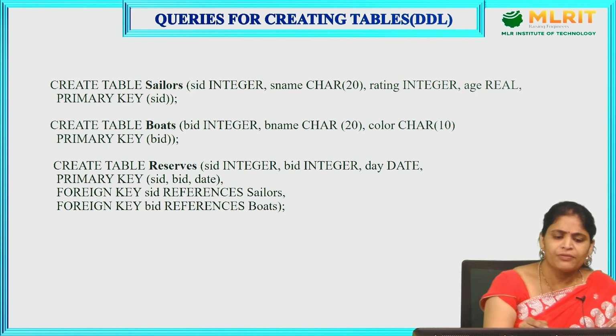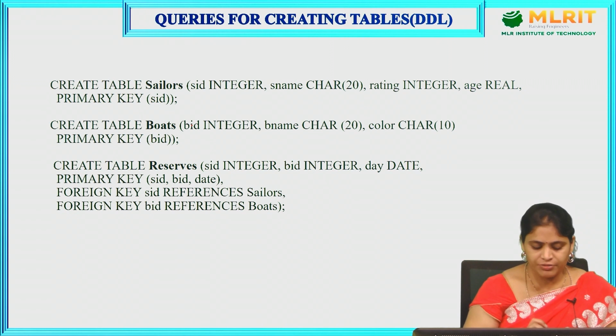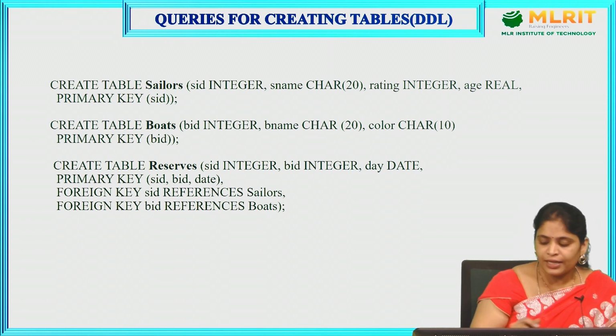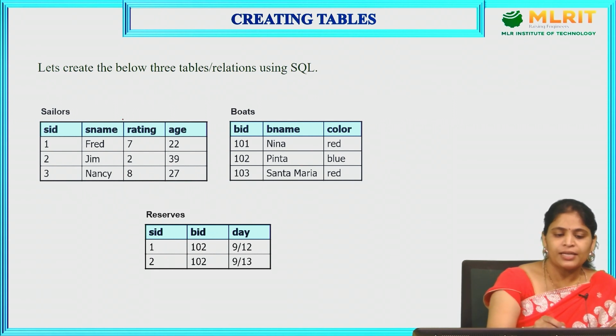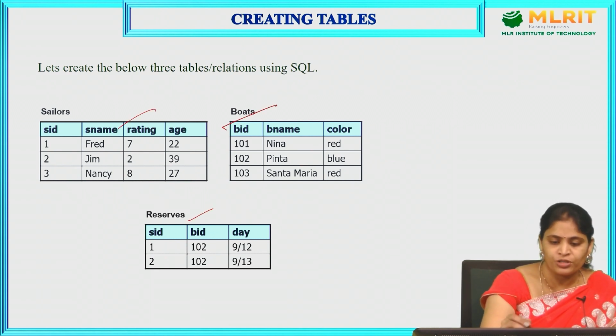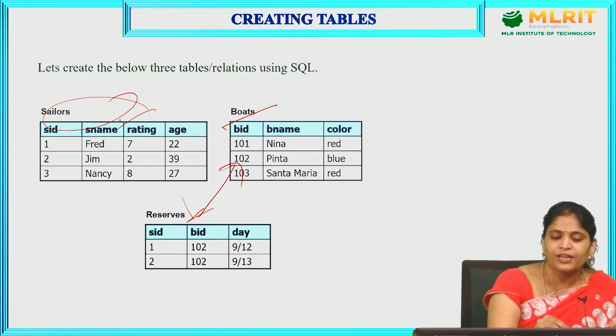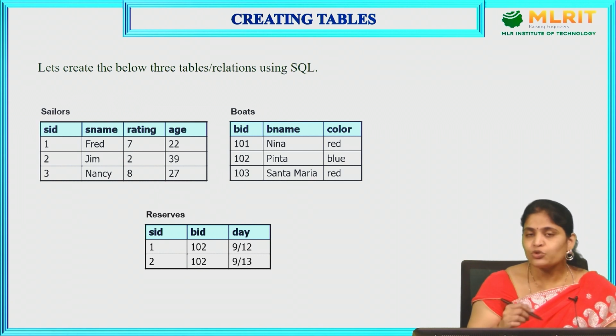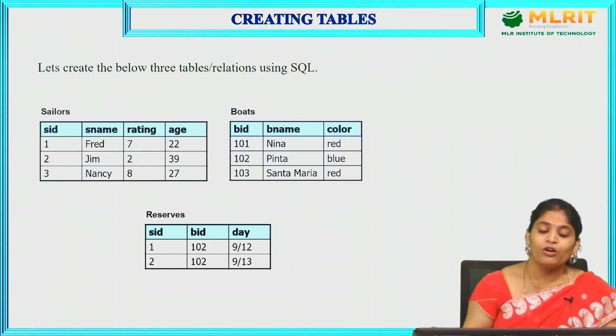In the same manner, we create Boats and Reserves tables. And to insert here, see, what is the content here? Sailors reserve boats. Sailors will reserve boats. Here we have the connectivity between these three. Right. To join two or more tables, we use the concept of foreign key.